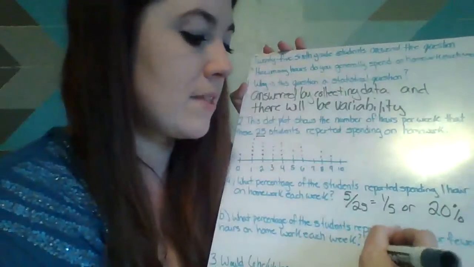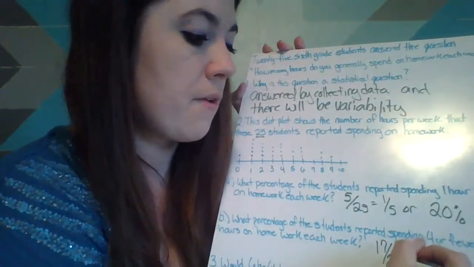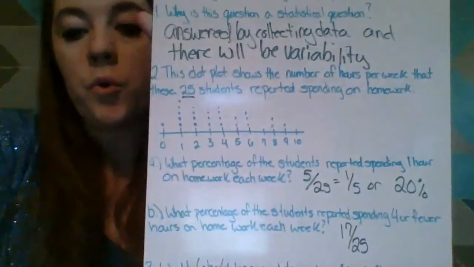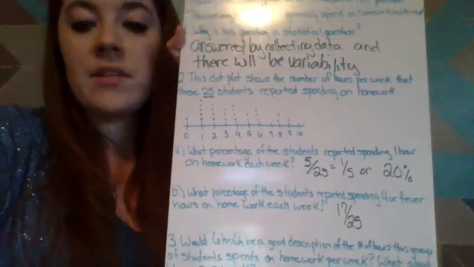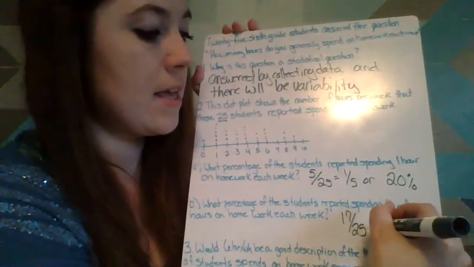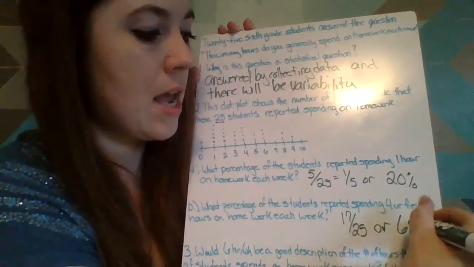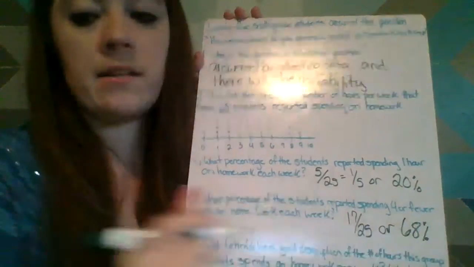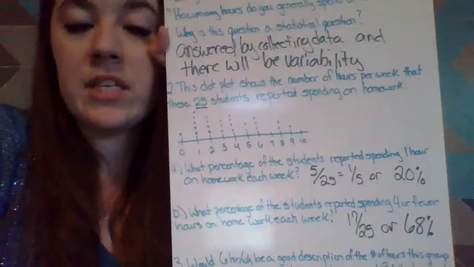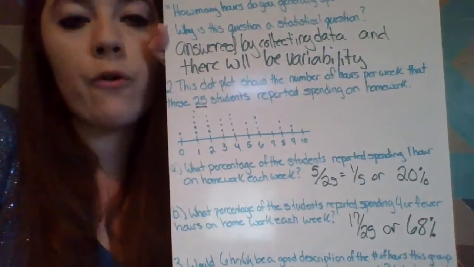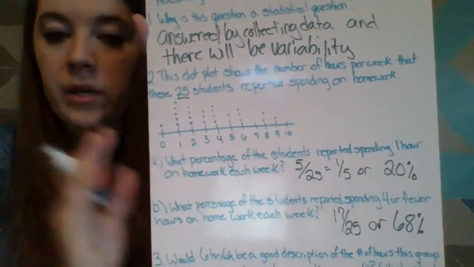So we have 17 out of 25 who spend 4 or fewer hours each week. 17 out of 25 is equal to 68%. So over a majority of these students are spending 4 or fewer hours a week on their homework.